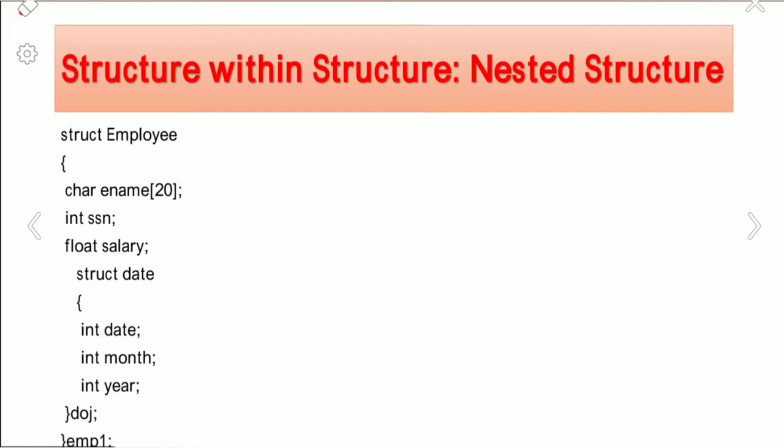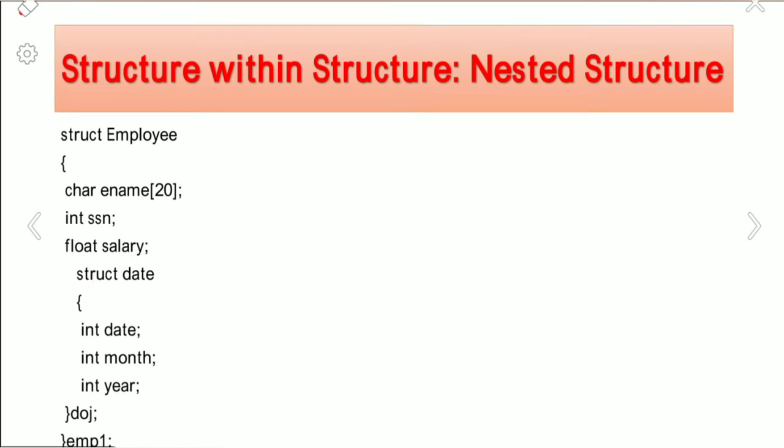It has some properties, that is date, month, and year. That's why we are elaborating that particular data member into another structure. Here the structure date is the innermost structure of the employee structure. Employee is the outermost structure and date of joining is the innermost structure.